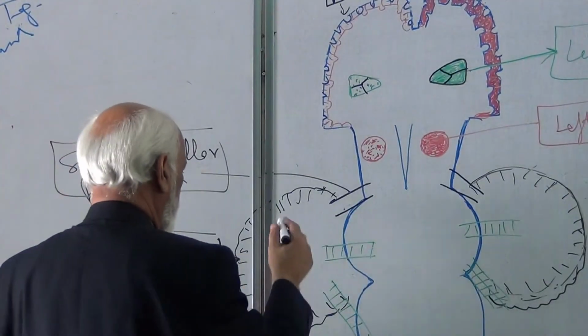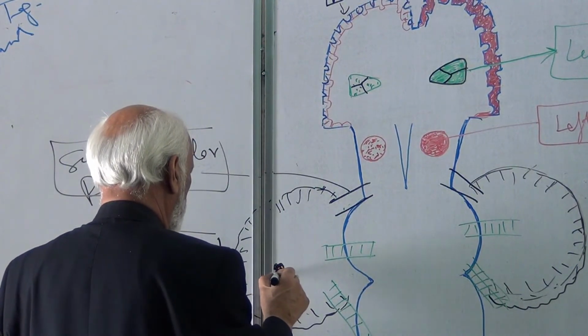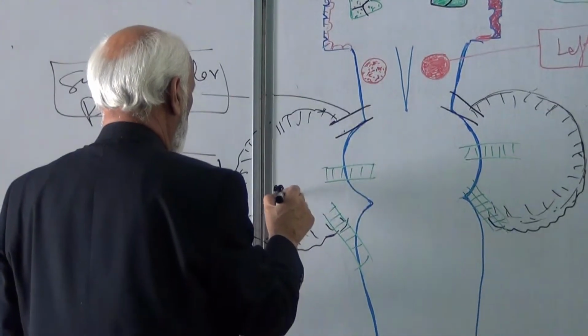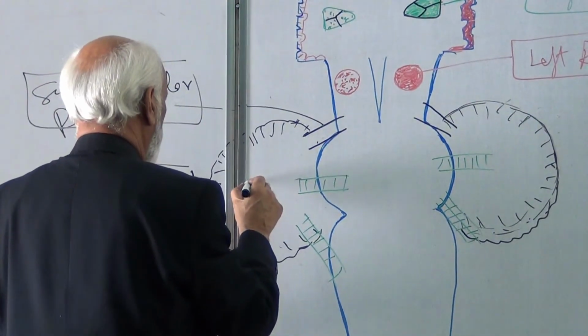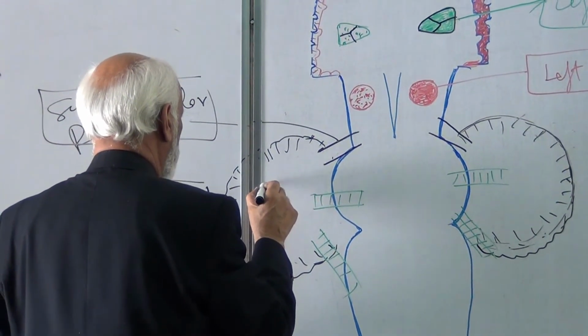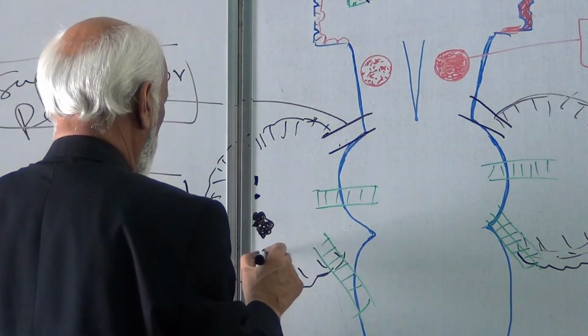There are different nuclei. One is the dentate nucleus, the largest nucleus, nucleus dentatus. Then there are other nuclei also: nucleus emboliformis, nucleus fastigii, nucleus globosus.